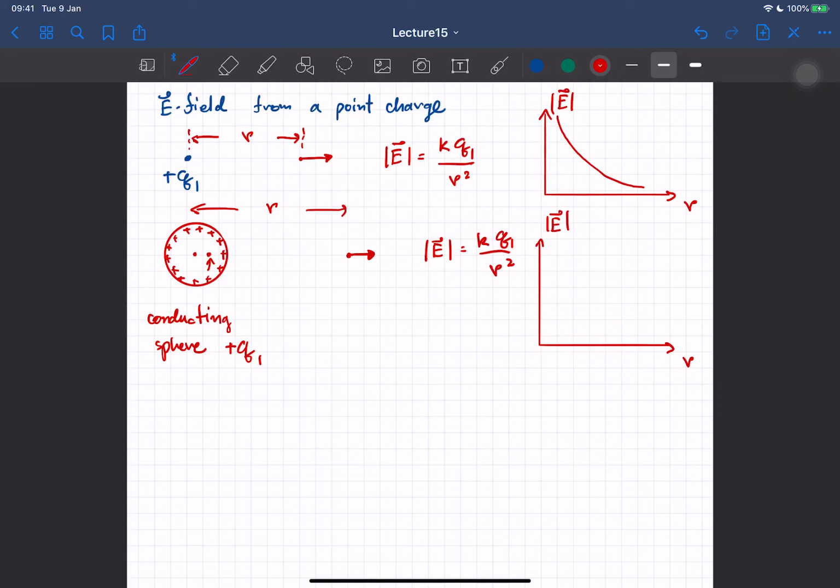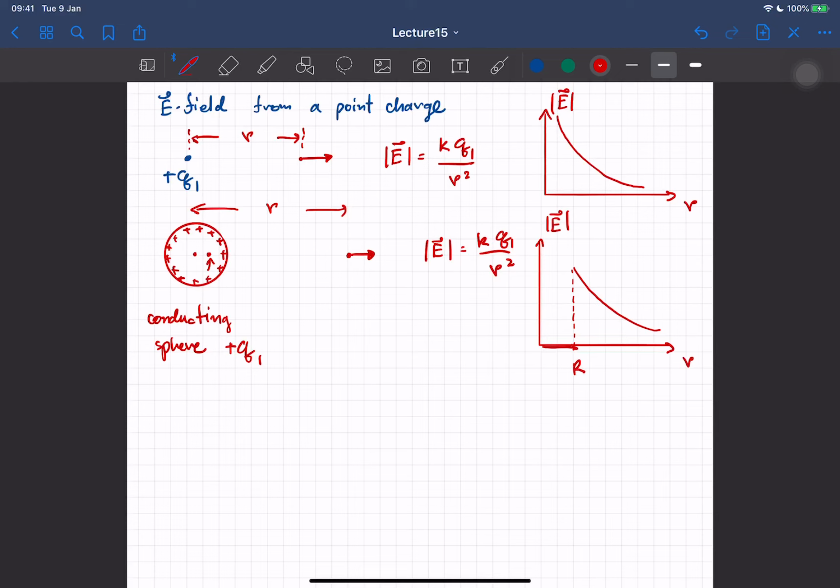So outside the sphere, it behaves as if all the charge is at the center. It's the same formula, right? As long as the point that you're interested in is outside the sphere. But inside, suddenly the electric field drops to 0. So the graph looks something like this, and then suddenly it drops to 0.